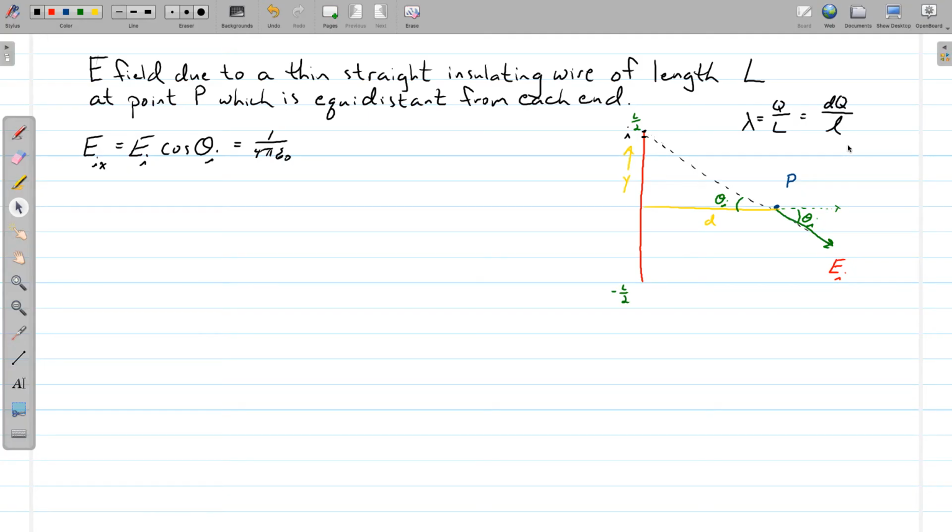Instead of calling it a little l, this is in the y, so it'll be a small little change in y. We will call it dy. So let's change that up.